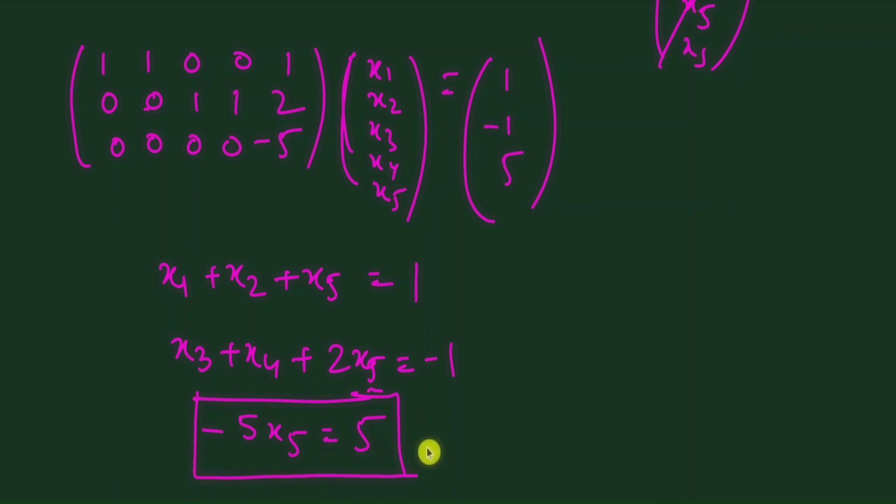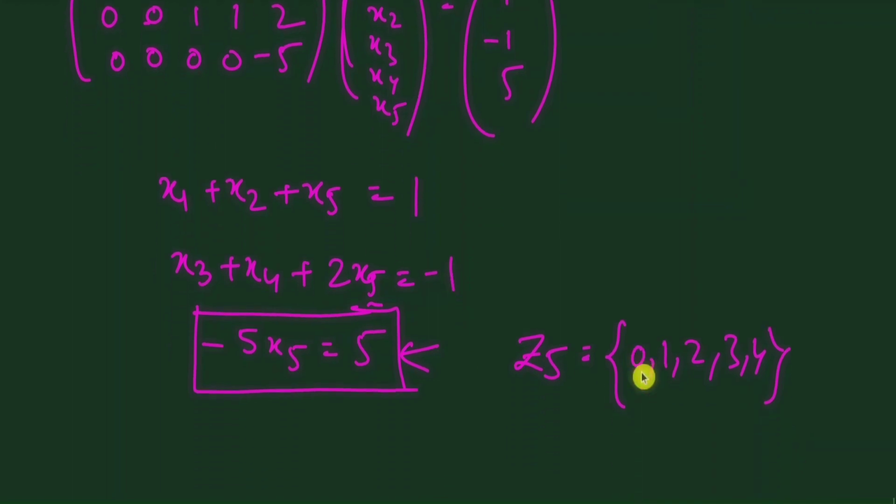Now we start with the equation minus 5x5 equal to 5. We don't cancel 5 from both sides, because if we cancel, then we can't get the solution, since the solution space is Z5 equal to 0 1 2 3 4. Both sides are equivalent in Z5, that means if we take any value of x5, this is 5 modulo 5 and this is also 5 modulo 5, so both sides are equal.